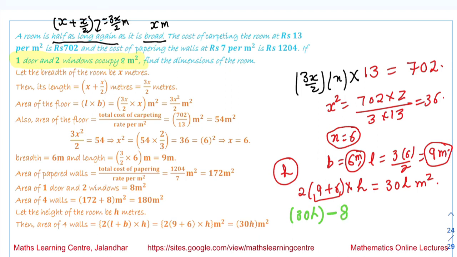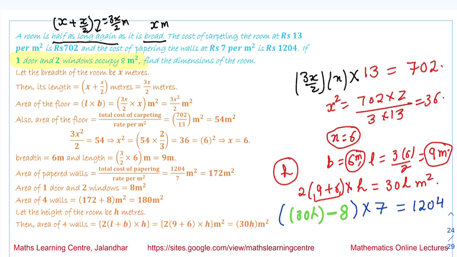So we are left with 30H minus 8 meter square of area. Now the cost of papering the walls is 7 rupees per meter square and the total cost is equal to 1204 rupees.